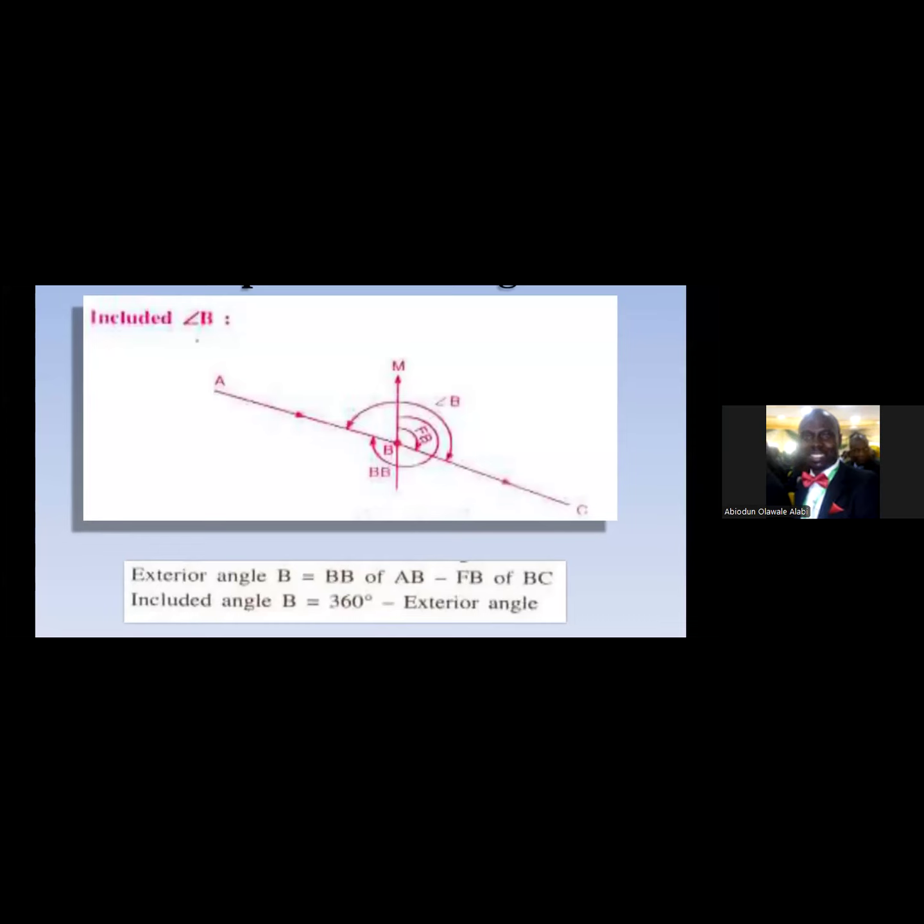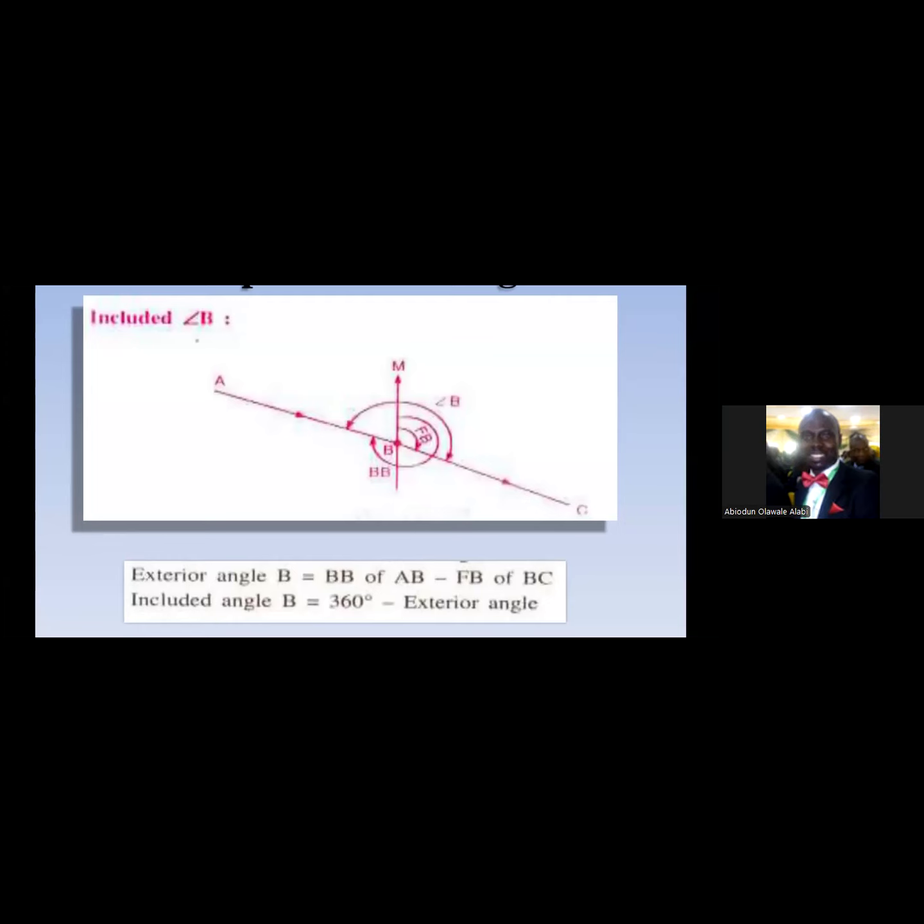All right. So how do I get the angle at B? The angle at B, which is the exterior angle. Let's say the center of this point is O, I'm just assuming.